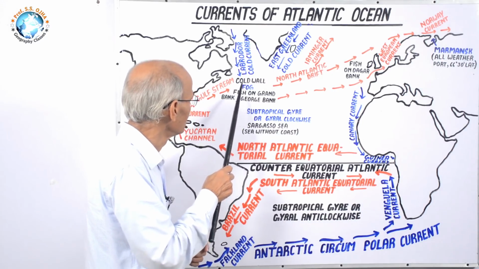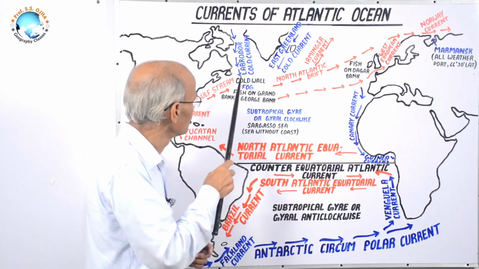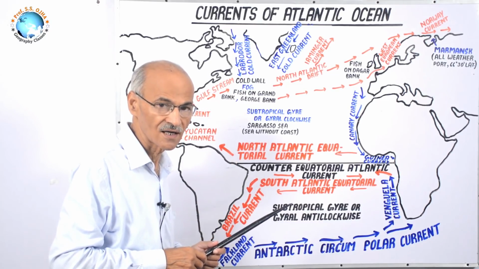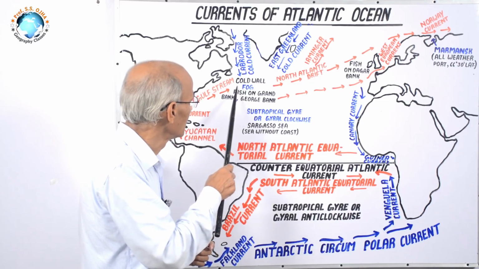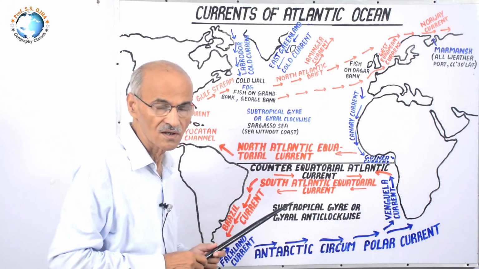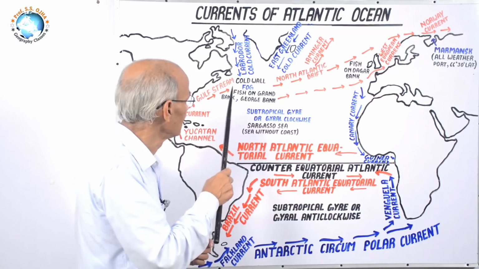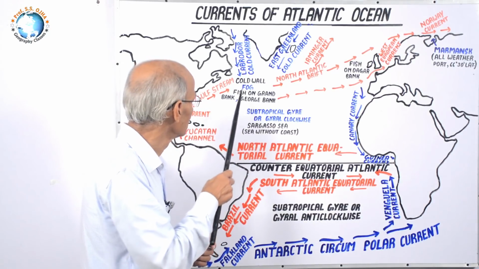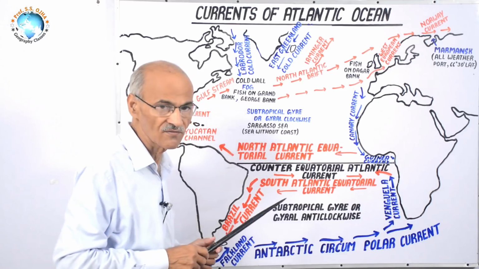At the same time, here, due to collision of two currents, water eddies are developed, which move northeastward due to the impact of western winds. But this is an oceanic phenomenon.